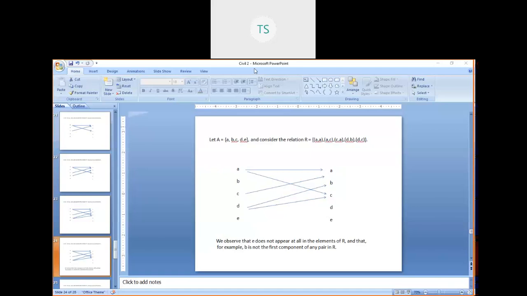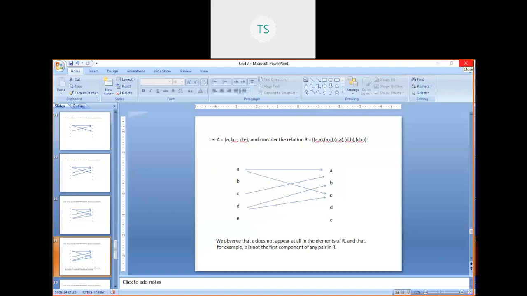Ma'am, I can hear it properly. Okay, wait, some students are there. I don't know, it automatically unlocked the meeting. That time also I had unlocked it, but again it is locked. So I have unlocked it again. Some students are there who cannot join. Now they can join. Okay.